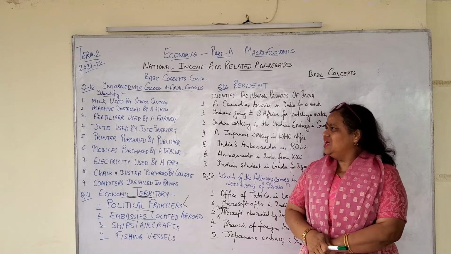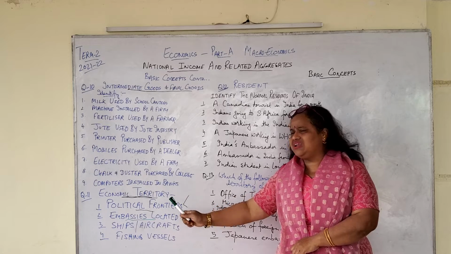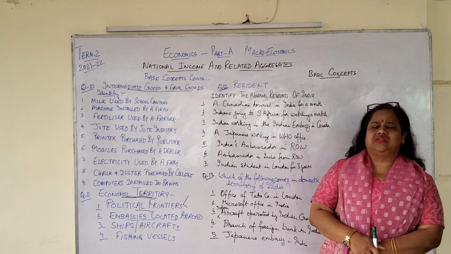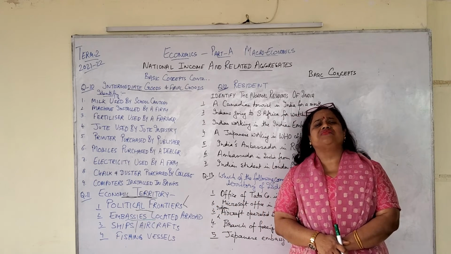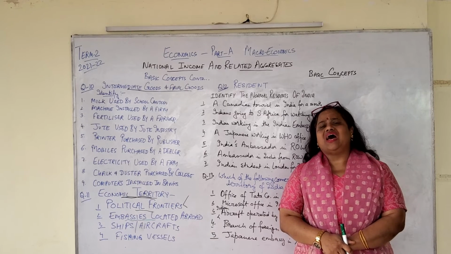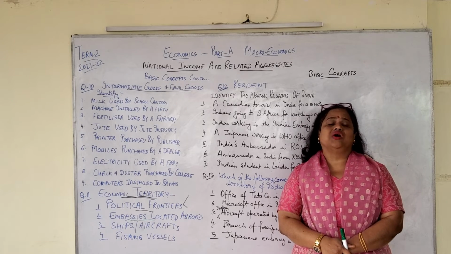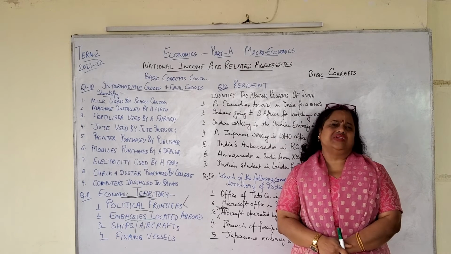Right. And then what is domestic territory? Domestic territory helps us to find out domestic income. So national income we find with the help of the resident concept, and domestic income we find with the help of the domestic territory concept.